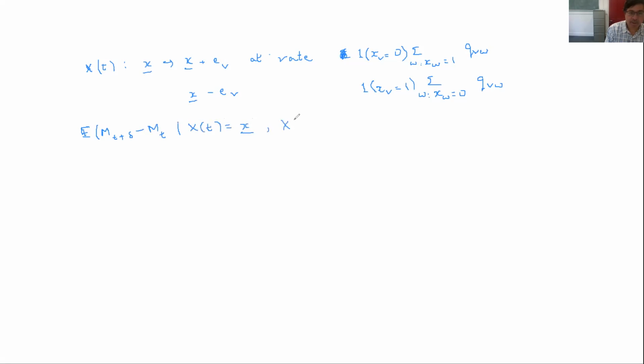So I tell you XS for 0 less than or equal to S less than or equal to T. By the Markov property of X, all this is irrelevant.